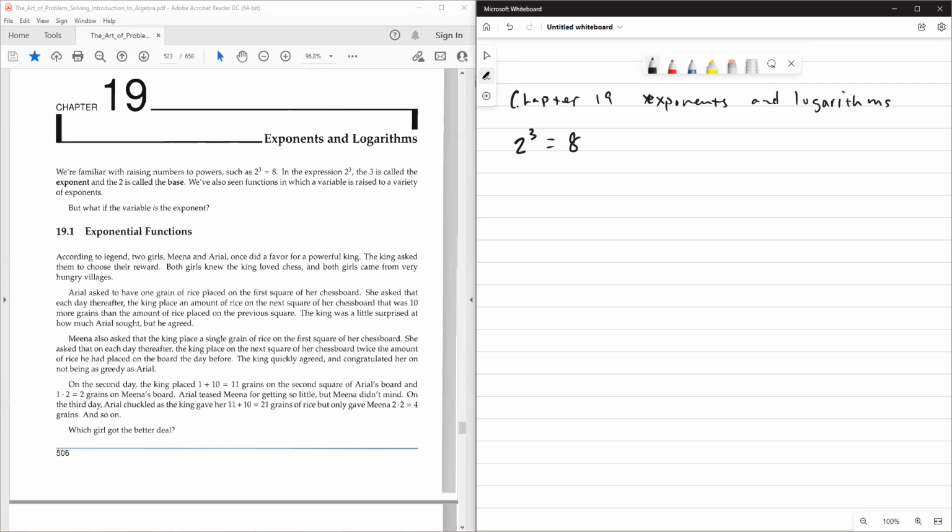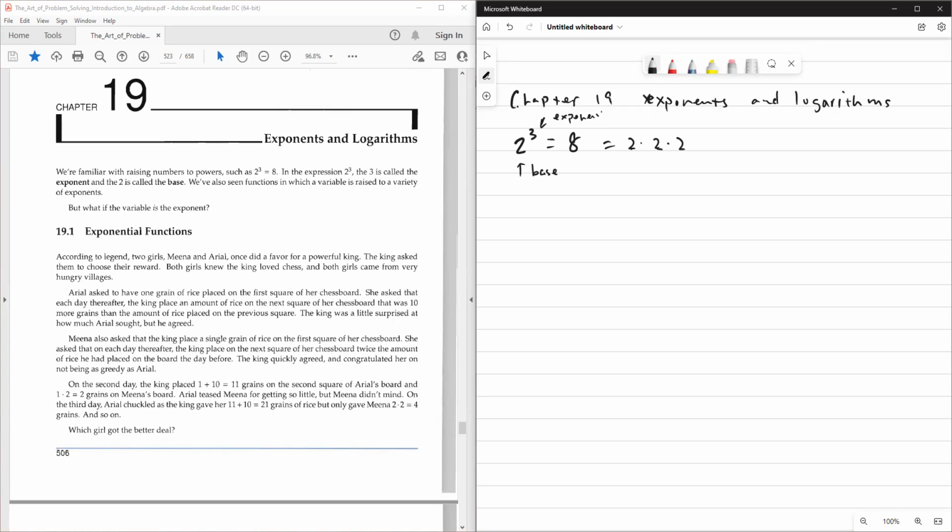This is something we are familiar with. 2 to the cube gives you 8, which equals 2 times 2 times 2, 3 times. The 3 here means 2 multiplied by 2, 3 times. Okay, that is 8. And this 2 we call the base, the base number, 底数. This 3 we call the exponent, 指数.